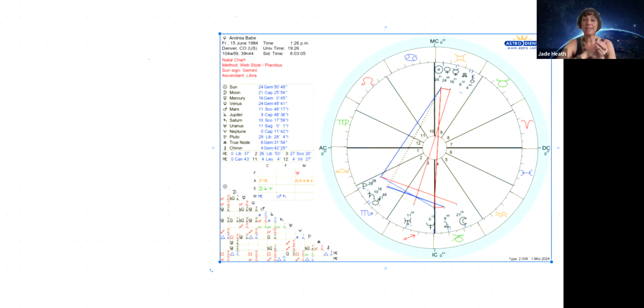Capricorn is cardinal because it's initiating a season. It initiates winter. Now, if we look at the air signs, Gemini, Libra, Aquarius. Gemini, excuse me, is mutable. Libra is cardinal, and Aquarius is fixed.